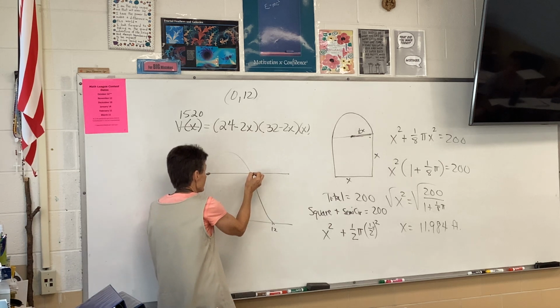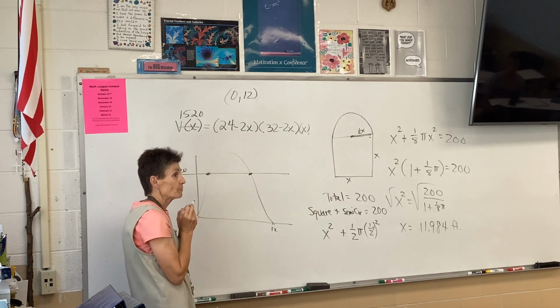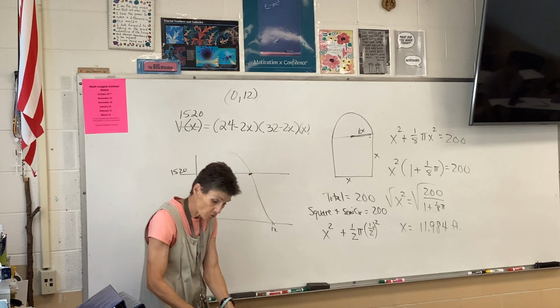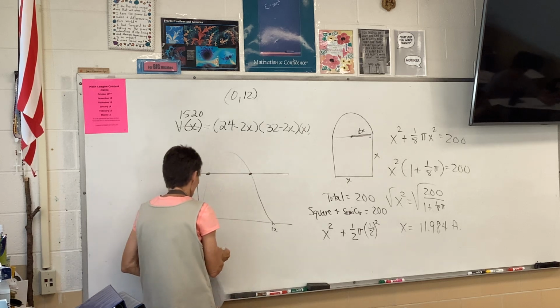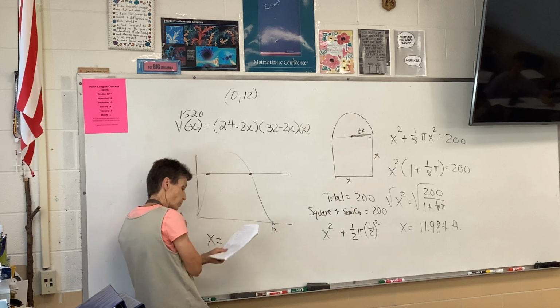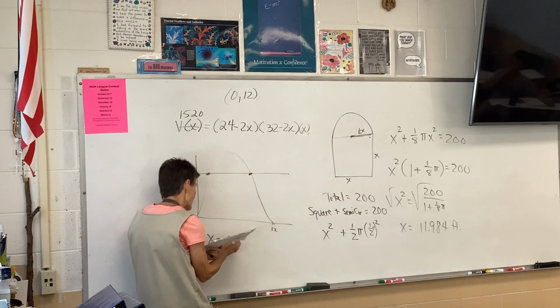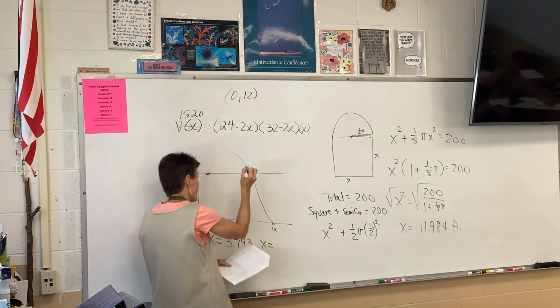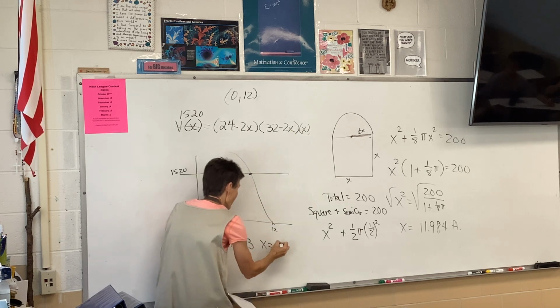These will be the two places where the volume is exactly 1520. So the answer to question A would be x equals that number, which I have as 3.793. And x equals that number, which is 5.298.